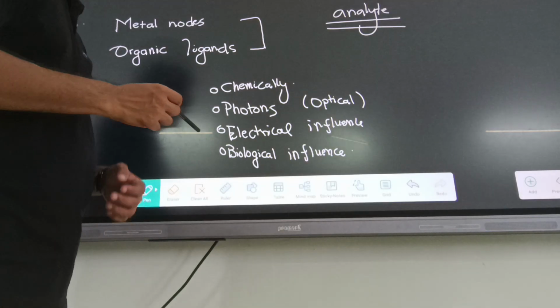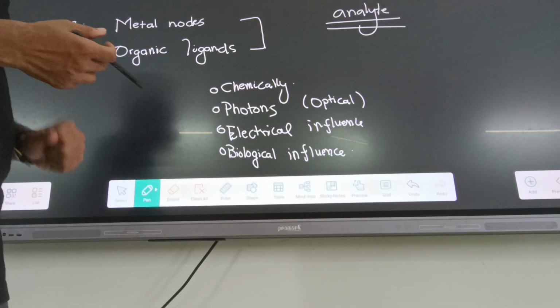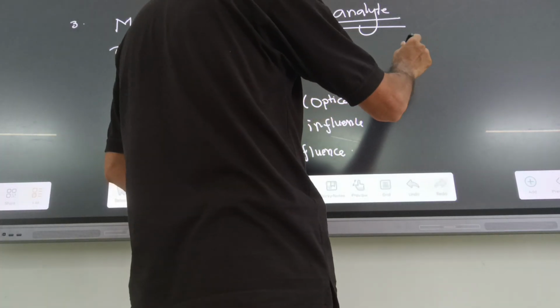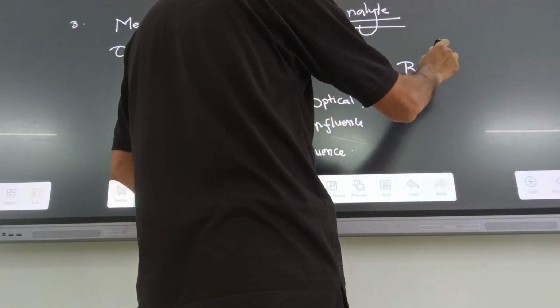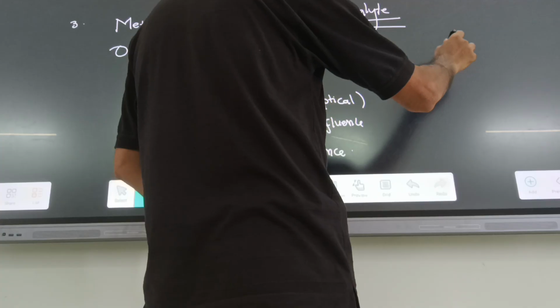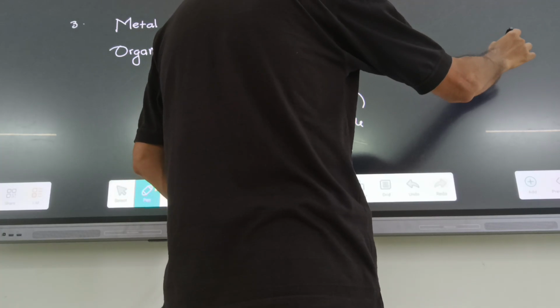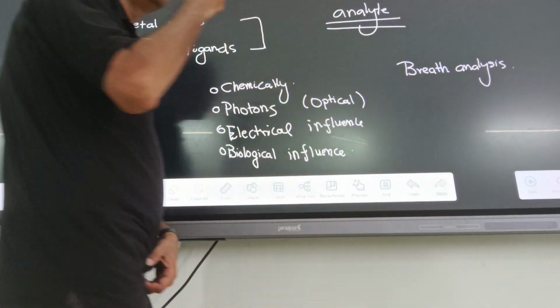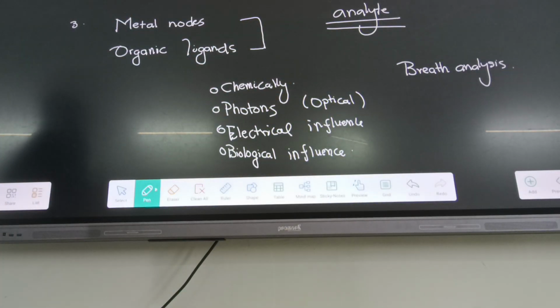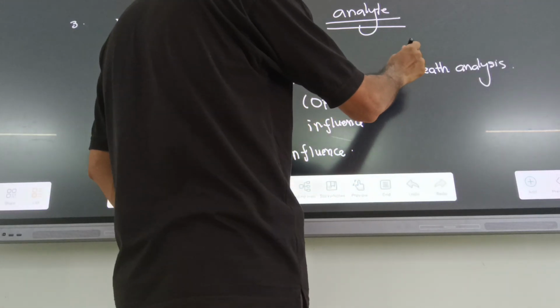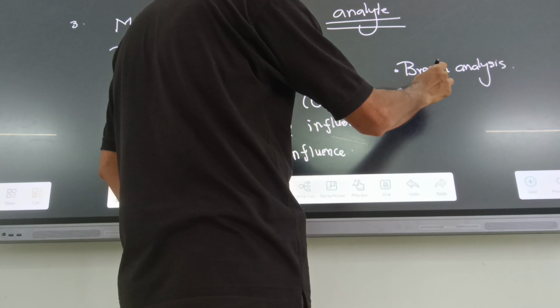First of all, breath analysis, अल्कोहल जो ट्रैफिक पुलिस यूज़ करता है ना, ब्रेथ एनालिसिस उसमें यूज़ होता है. Then it can be used in gas leakage.